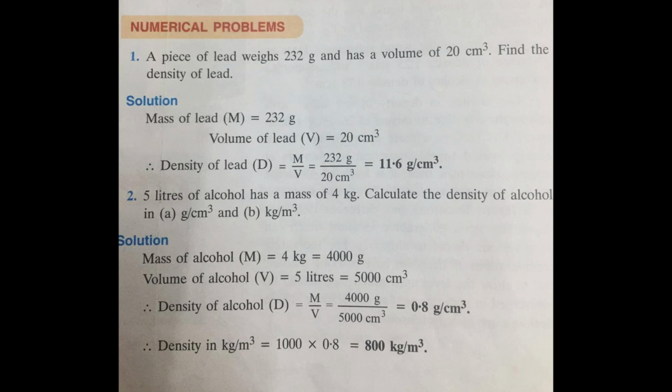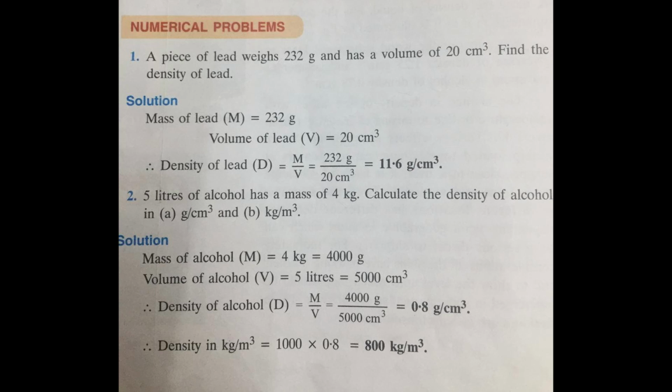That means 1 kilogram is 1000 grams, so 4 kilograms means 4000 grams. Volume of alcohol is 5 liters. It's given. But we know that 1 liter is equal to 1000 cubic centimeter. Therefore, 5 liters is equal to 5000 cubic centimeter.